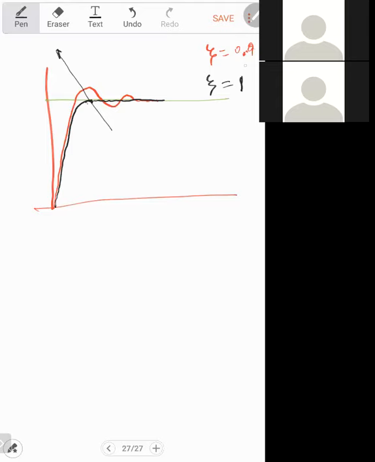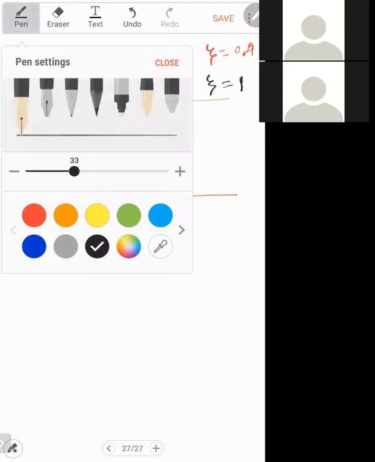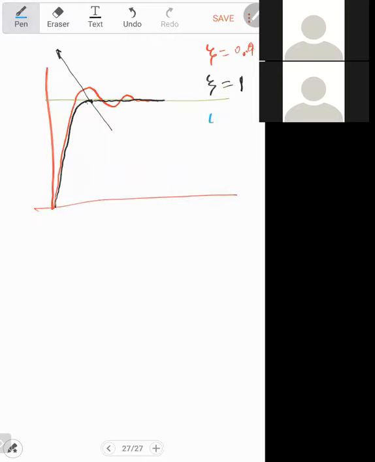So this is zeta equal to 0.9, the red line. If you make zeta equal to 0.5, this will become like this. You see the overshoot increases, and then later on the settling time will also increase. So the overshoot is increasing, the settling time will also increase.